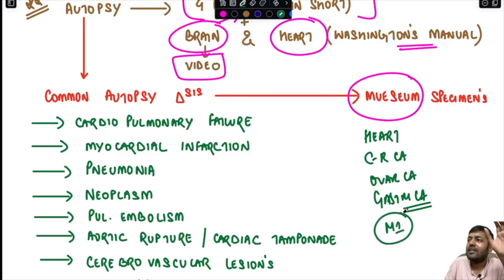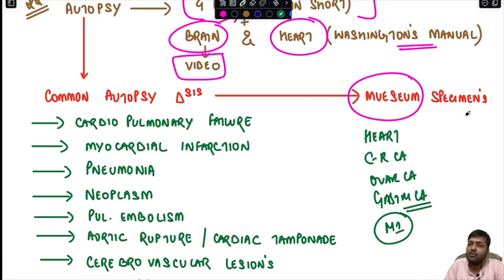So basically, whatever museum specimens are there in your particular university, just go through those, and among them around 10 specimens are kept for your exam. From there only they might ask you certain questions related to autopsy.